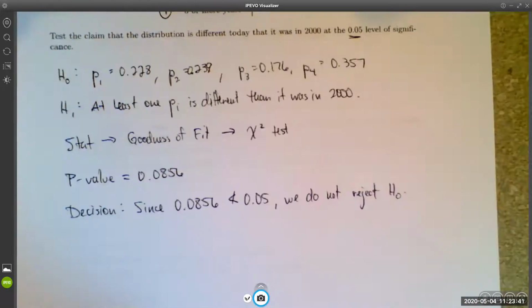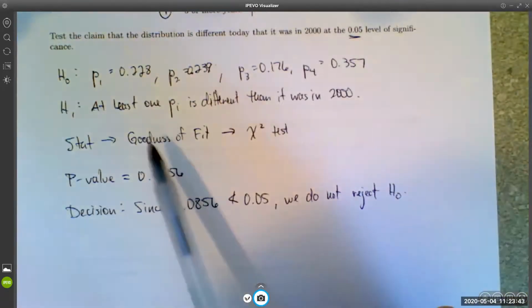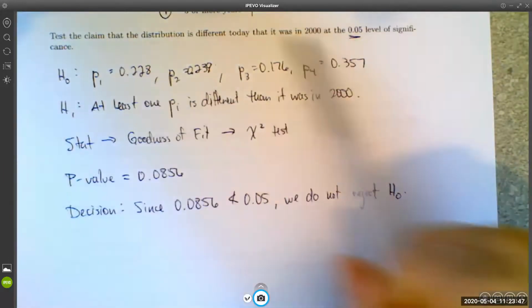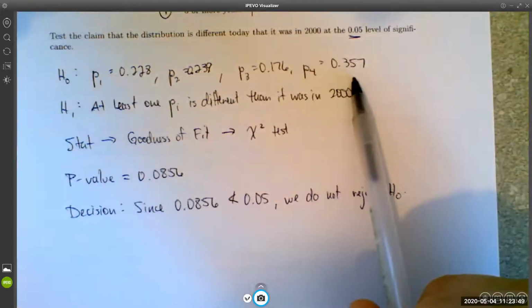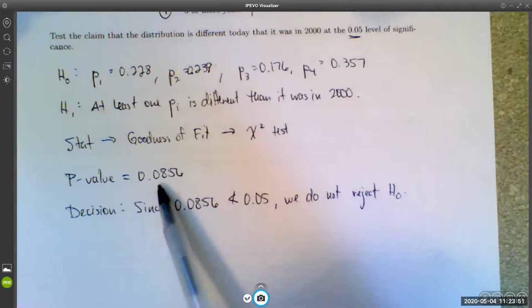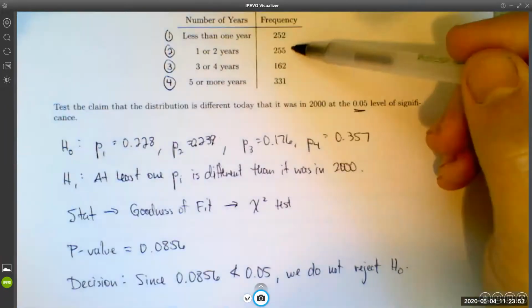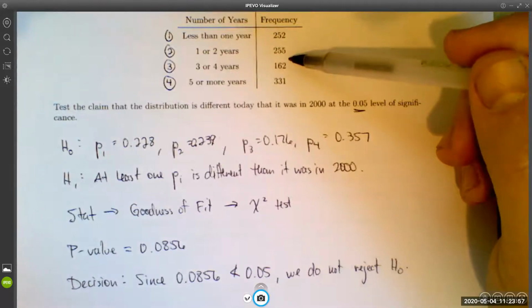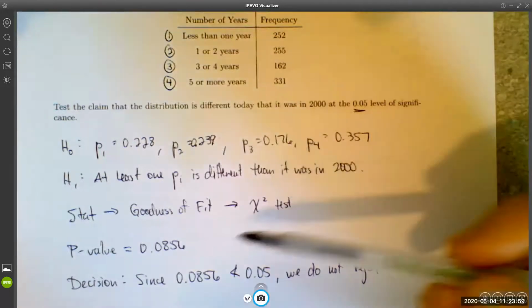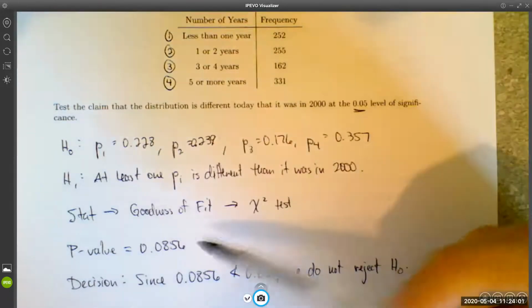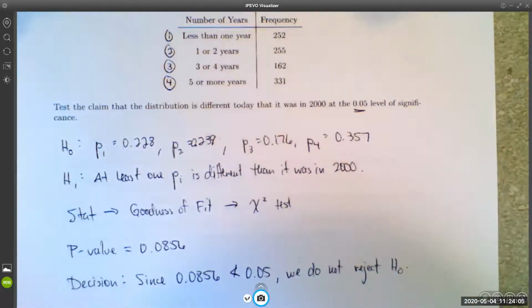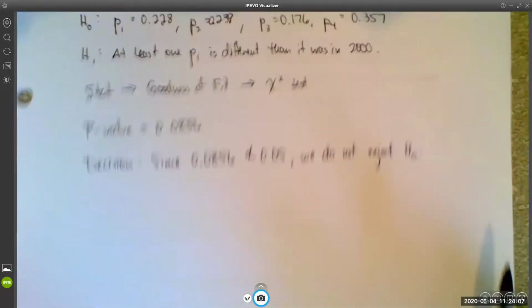In other words, if we assume that the proportions haven't changed since the year 2000, then there would still be a little over an 8% chance that we would have collected the sample statistics that we collected. And so at the 0.05 level of significance, that's just not good enough to cast doubt on the null hypothesis. So we're not rejecting it.